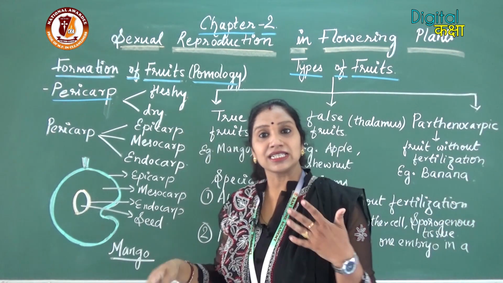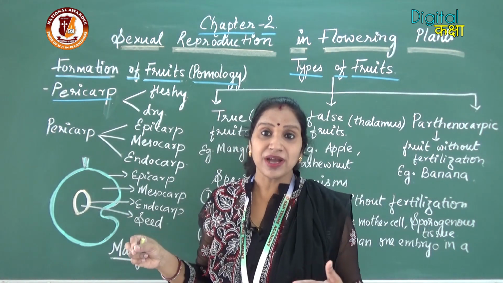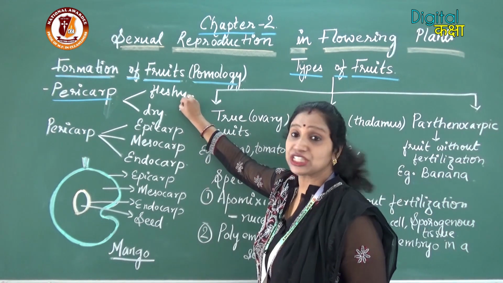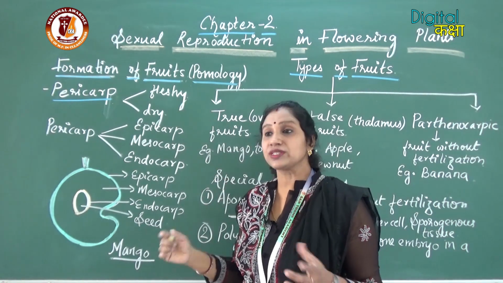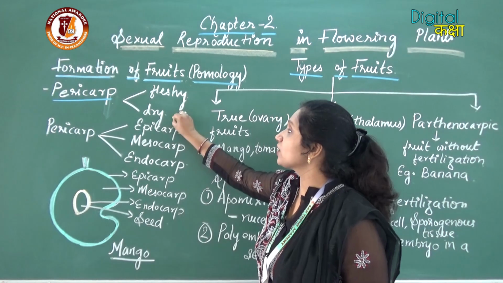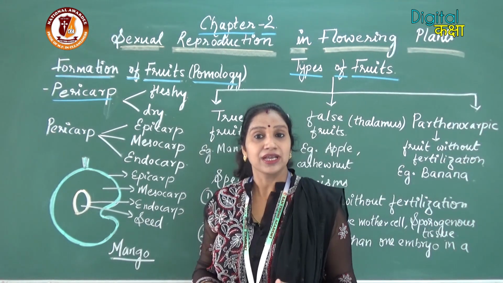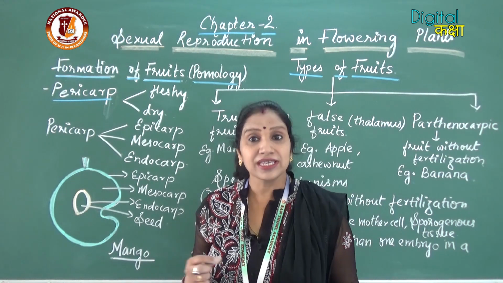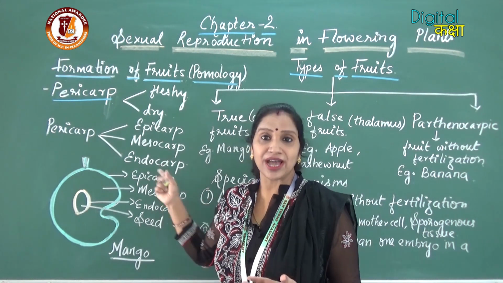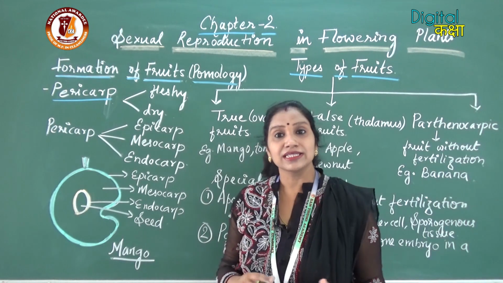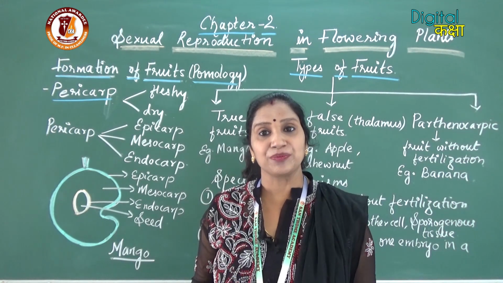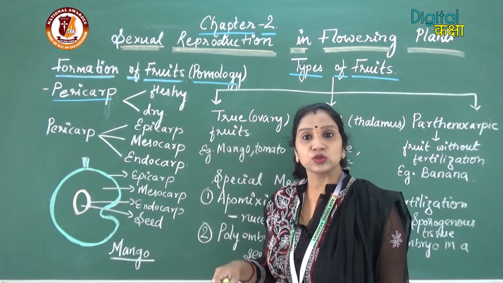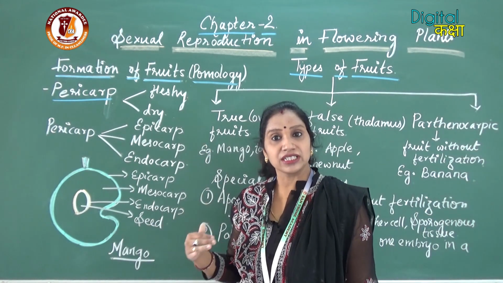In different fruits the skin is very fleshy, that is the fleshy pericarp, while in some fruits they are dry, that is called the dry pericarp. Pea is an example of dry pericarp, while guava is an example of fleshy pericarp.